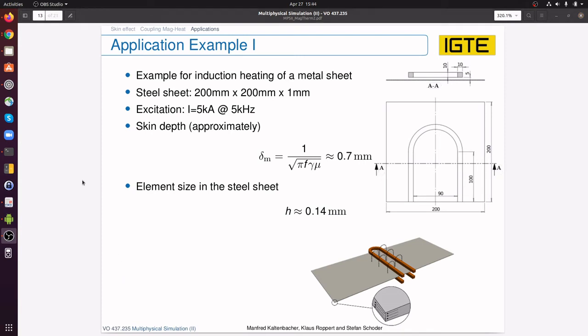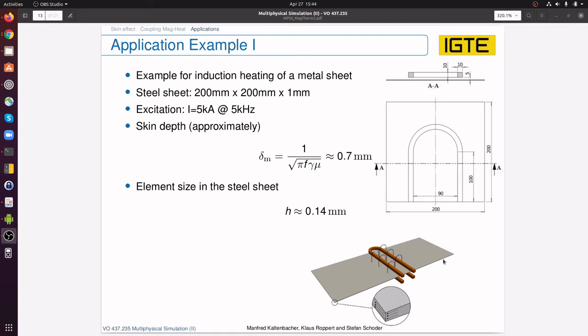Okay, so our first application example that we'll be considering is this very simple shape of a transversal inductor. So the inductor carrying an alternating current is wound on top of the sheet. So this is actually a half model.